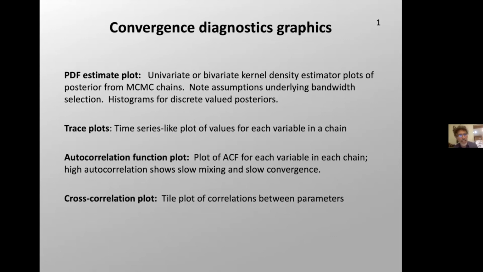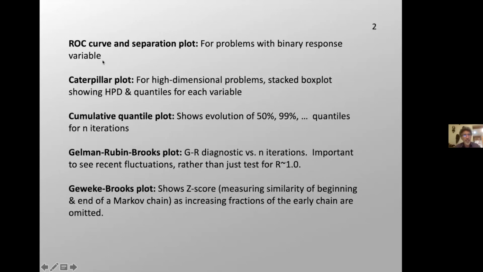Perhaps the autocorrelation function of each variable in each chain is a little simpler, and it should go down to something consistent with 0 to show that the autocorrelations of the chains have stopped when it converges. And cross correlation plots, where you do the cross correlation of the 5th parameter chain with the 7th parameter chain, to make sure that they're also approaching each other. But there's a lot of other plots.